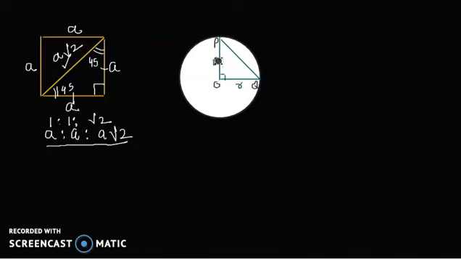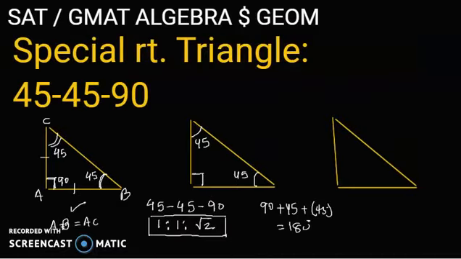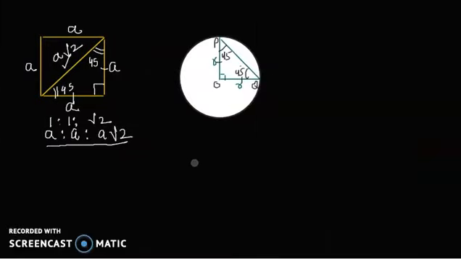Again, as we know, the radii of a circle are equal, so this will be equal to this, and once these two sides are equal, these two angles would be equal, and if these two angles are equal, then that would be only 45, 45 each. So these are the different types of questions that you can get based on 45, 45, 90 triangles.